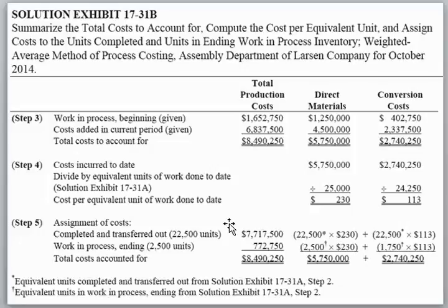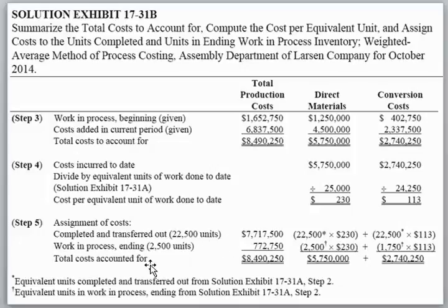7,717,500. And for the work in process ending, which is 2,500 units, we multiply the number of units by the cost per equivalent unit for the direct material and for the conversion cost. We will get the total production cost for the ending work in process, 772,750.